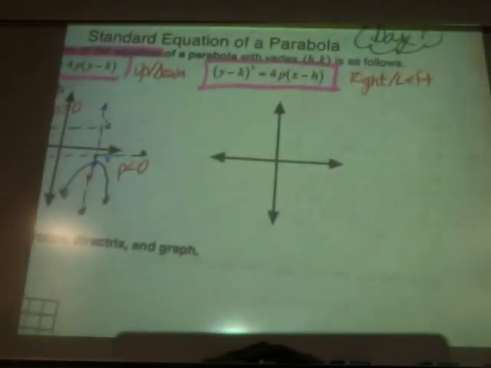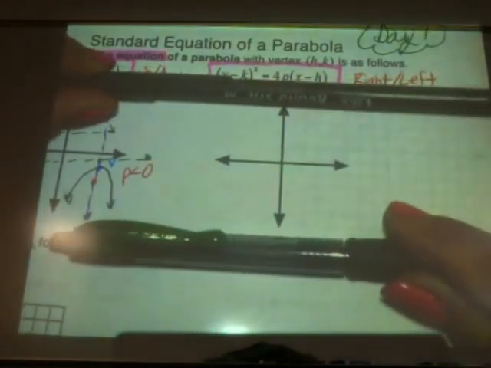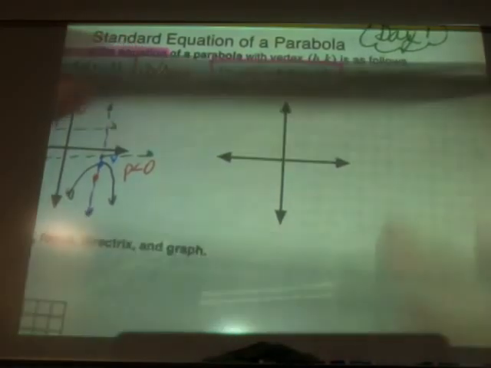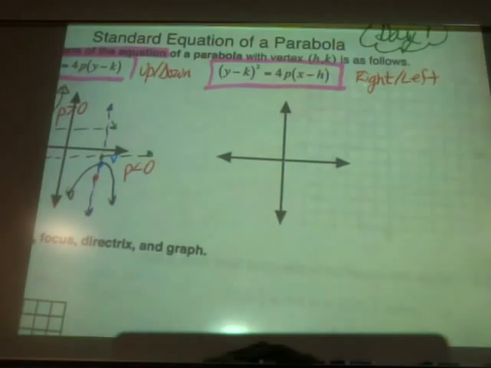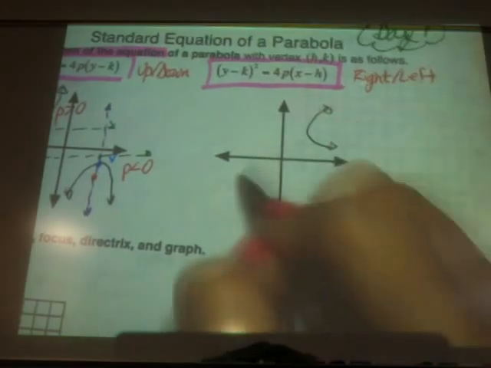All right, so then look at what happens when y is squared. So this time, if y is squared, remember I'm putting my hands in this direction, which means my parabola is opening right and left. So let's put one here and one here.